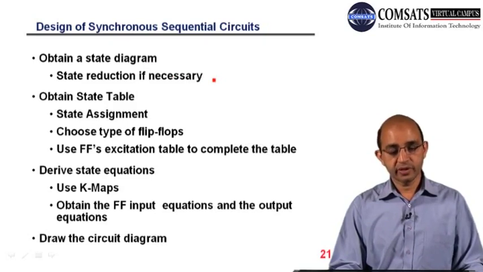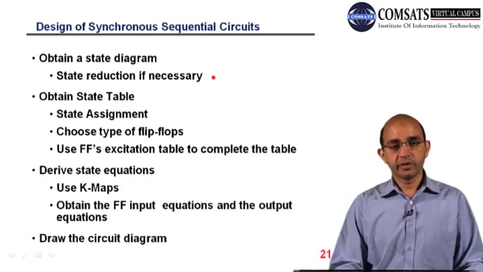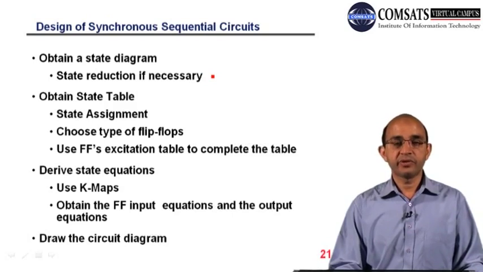As in combinational logic, we have to start from somewhere, either from the Boolean equation, the truth table, or the circuit diagram. Here we have the state diagram. In combinational logic, if we have a Boolean expression, we simplify using Boolean laws, and if we have a truth table, we simplify using a K-map.